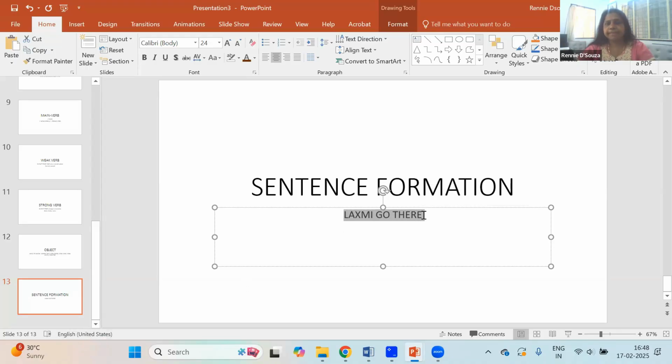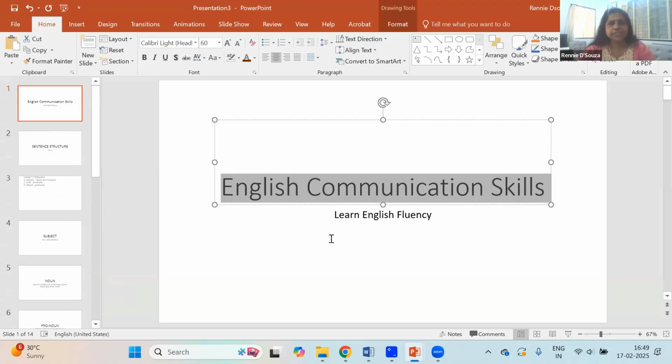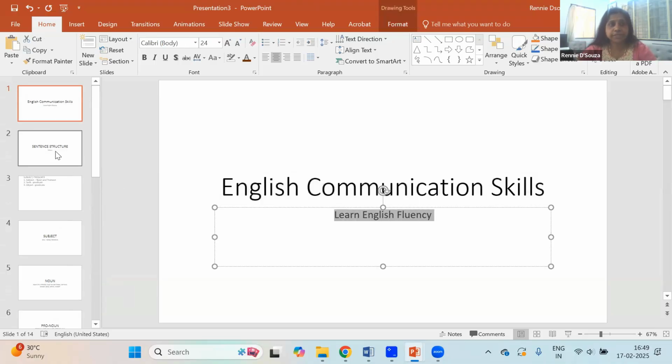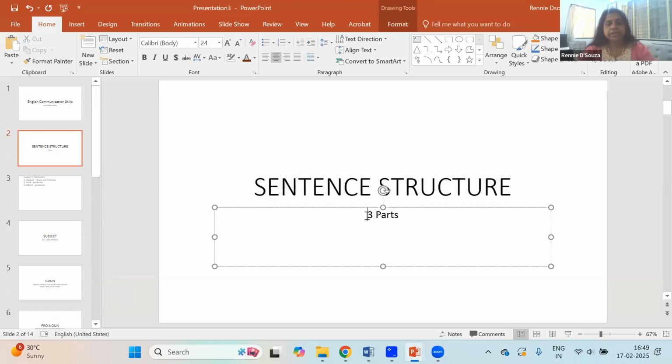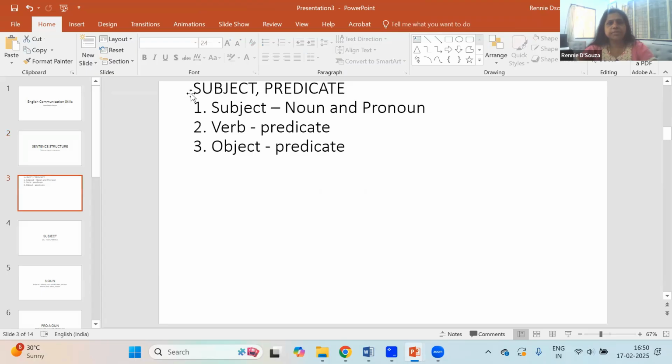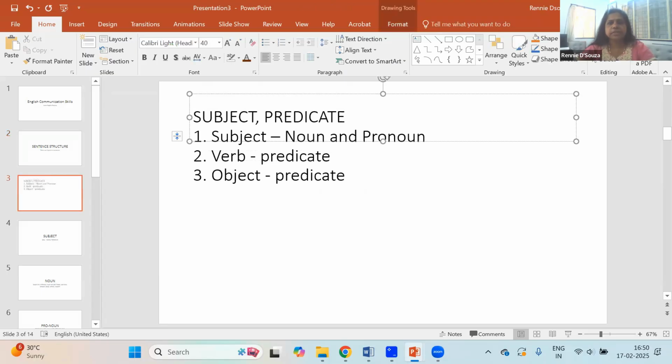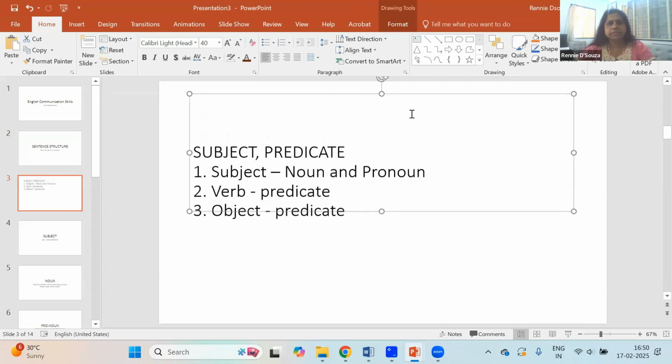So now let us recollect everything that we have studied. We have studied from the beginning English communication skills, and we need to learn English fluency. For that we need to learn sentence structure, and we have seen that there are three parts in a sentence, and we have seen the three parts in depth: subject, verb and object.